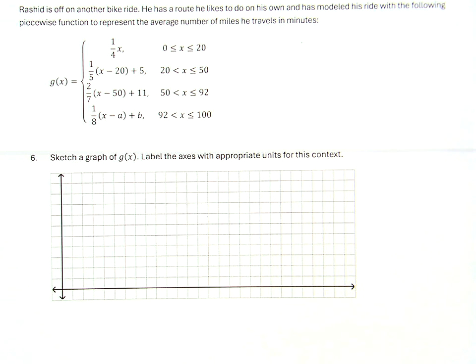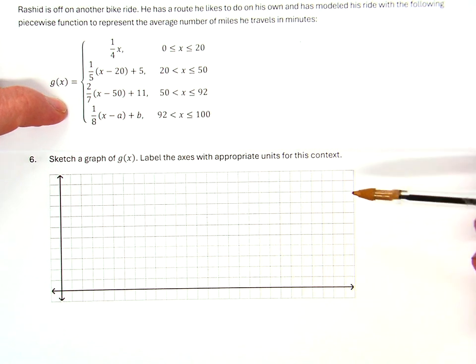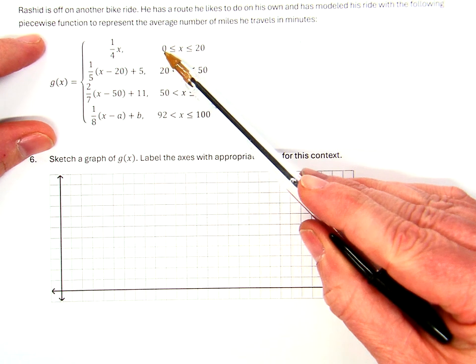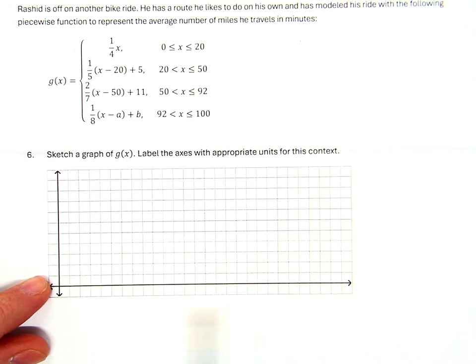We would want to pick a scale for the x and the y value that ensures we're using the space provided. Since we already worked through these values, we know that the lowest x value is 0 and the highest x value is 100. So somewhere here I'm going to have to go from 0 to 100, however I choose to space it.